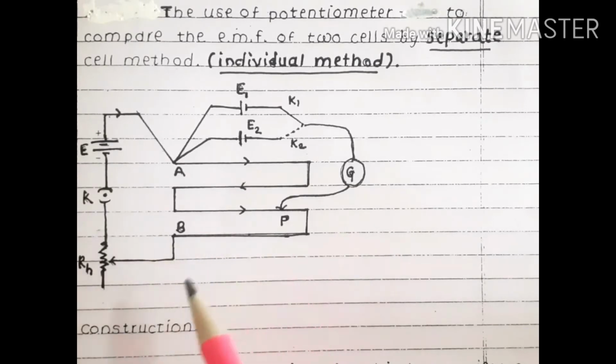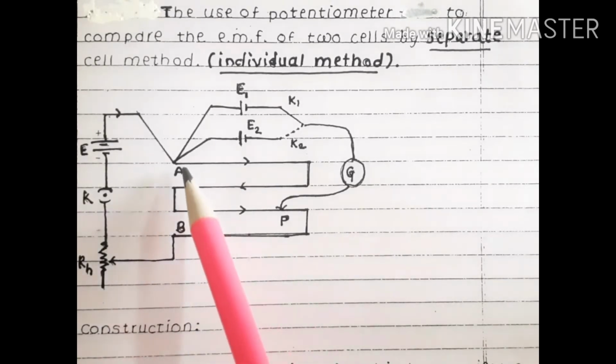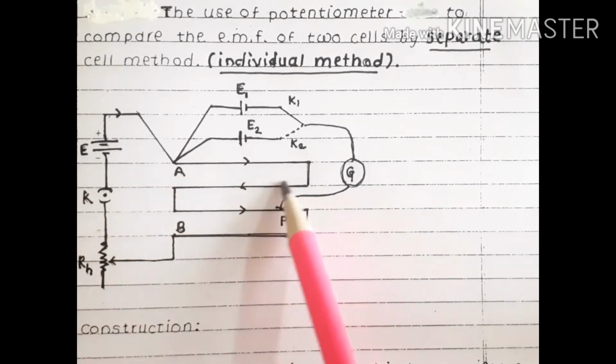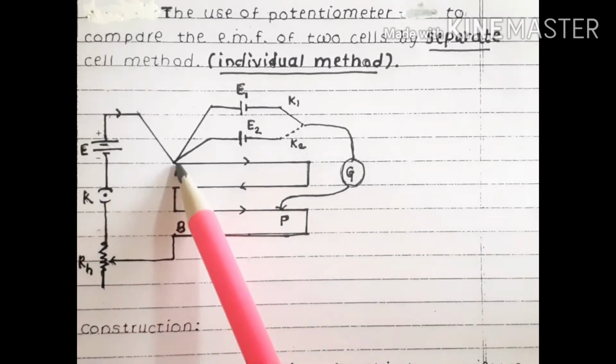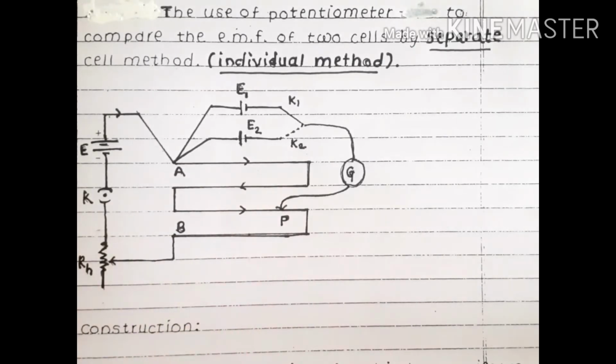This potentiometer consists of a thin long uniform wire AB having length 4 meter. It is fixed in between 2 points A and B on a wooden board.